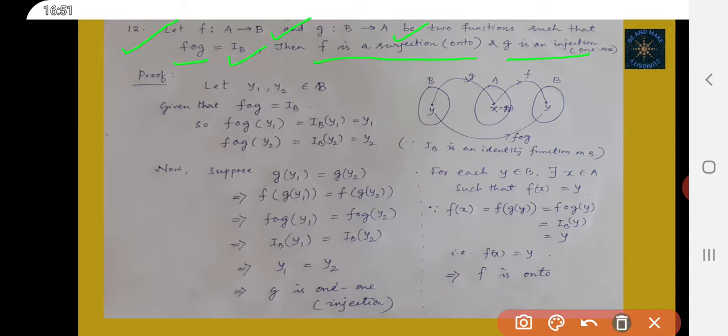So we have to prove here f is onto and g is 1-1. Okay, what is given? Now fog is equal to identity function on B.